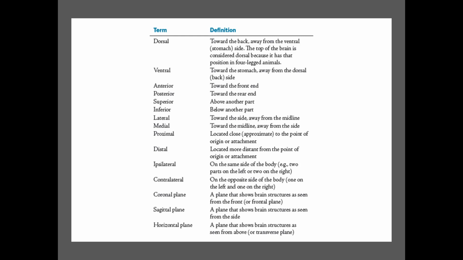The dorsal and ventral can be a point of confusion, because these were defined based on the body, the back and the stomach, and that works for the brain as well for most animals except for humans. Humans walk upright, and when we did that, our head actually transitioned and rotated 90 degrees relative to the rest of the body.